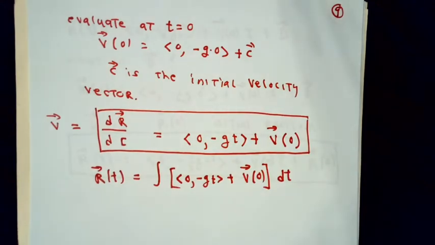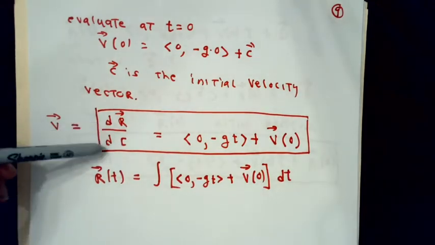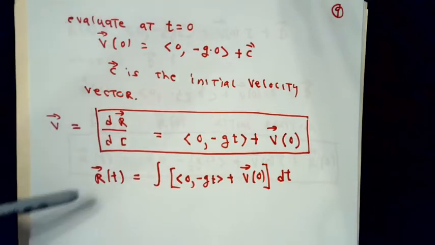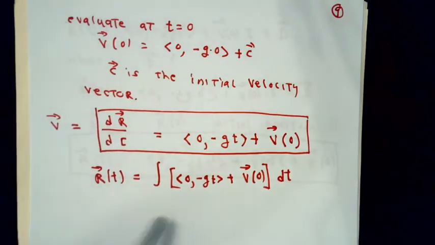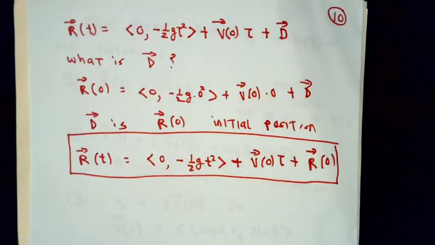The velocity vector is the derivative of the position vector, so the position must be an antiderivative of the velocity vector.